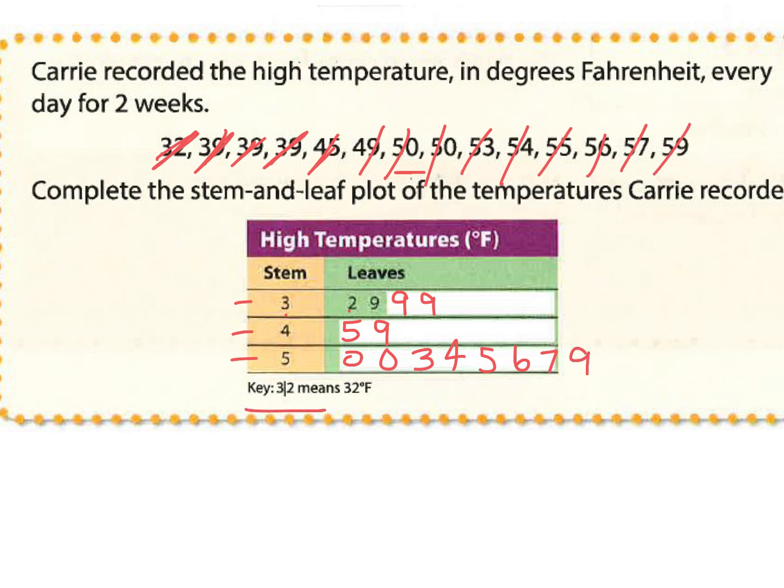So then look at the key. The 3/2 means 32 degrees. So that means that we just wrote all these temperatures into the stem and leaf plot. So make sure to have that accurately on your page.